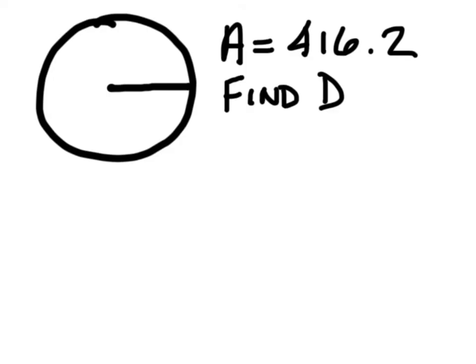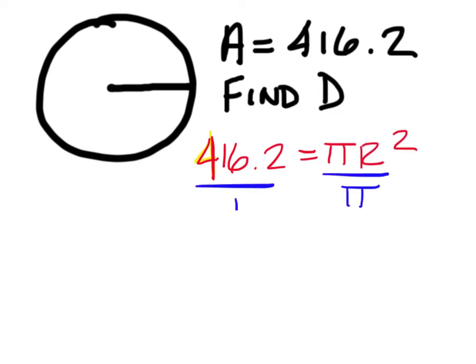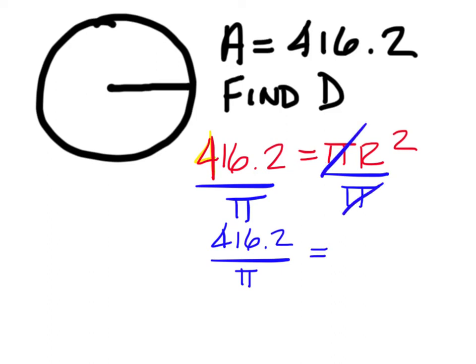So the area is 416.2, and we set that equal to pi r squared. Divide both sides by pi, and you'll come out with 416.2 over pi. Pi's cancel out on the right, so you get r squared. You need the square root of both sides.